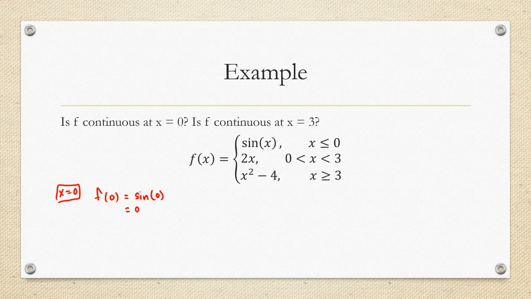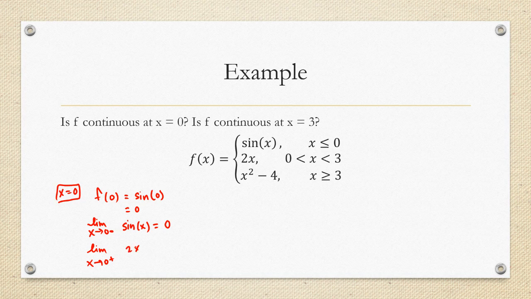If I want to know the limit as x approaches 0, because this is a piecewise function, I need to check from both directions. So from the negative direction, the limit as x approaches 0 from the negative direction, that would be the sine of x part of the definition. And so sine of 0 would be 0. And then I'm going to check the limit as x approaches 0 from the positive direction.